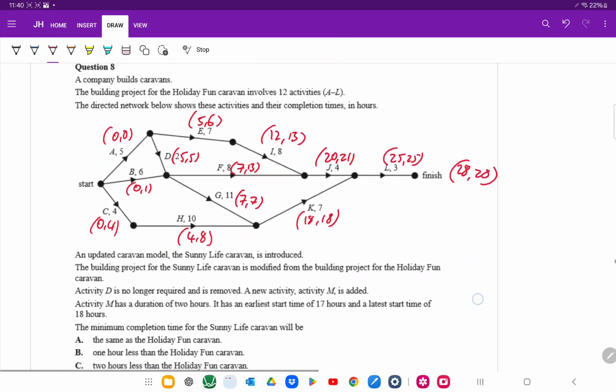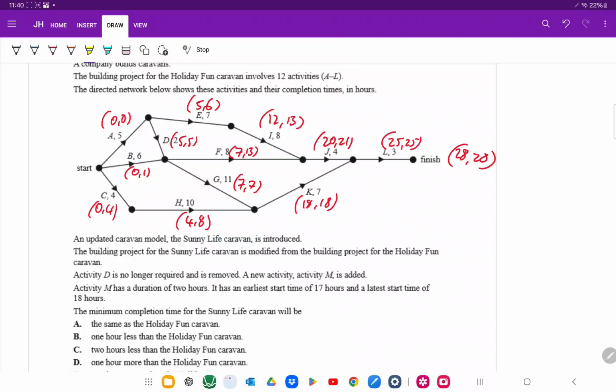Alright, so now you've got the critical path, which you can analyze, comes from A, D, G, K, L. Now, with this particular path, there is a total of 28 when we go through here.